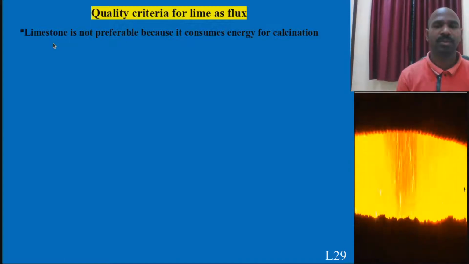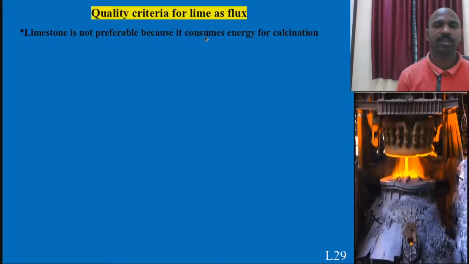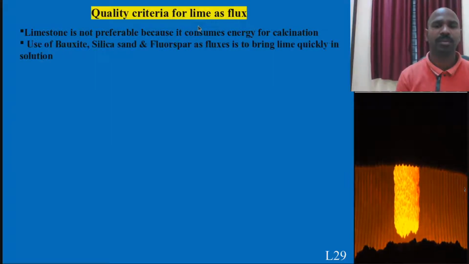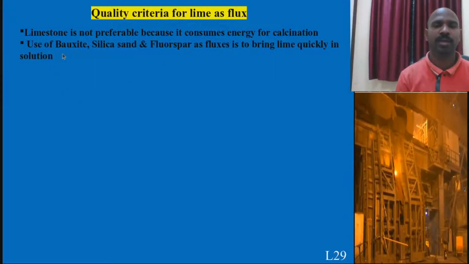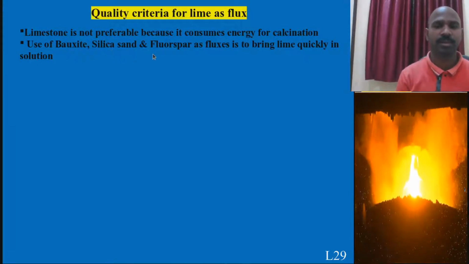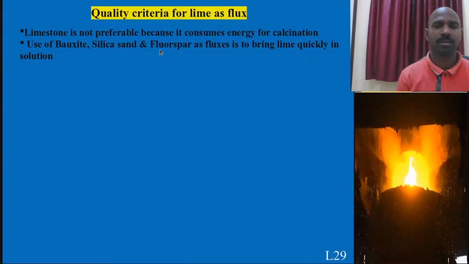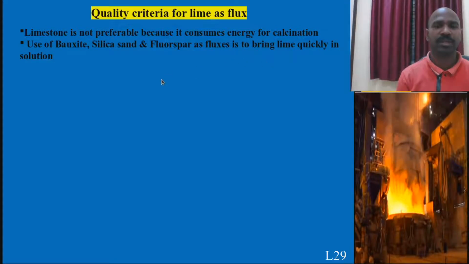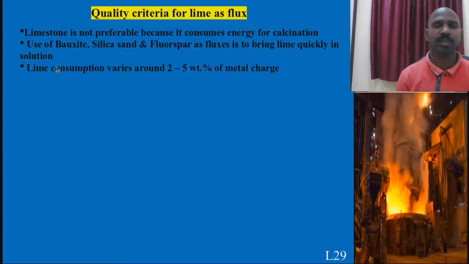Limestone is CaCO3, lime is CaO. That is why lime is preferably used in practice. Along with the lime, if you use a combination of bauxite (Al2O3), silica (SiO2) and fluorospar (CaF2) as fluxes, the lime quickly goes into the molten metal solution.